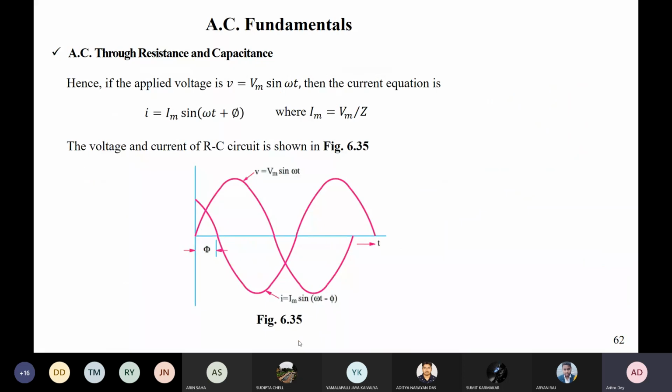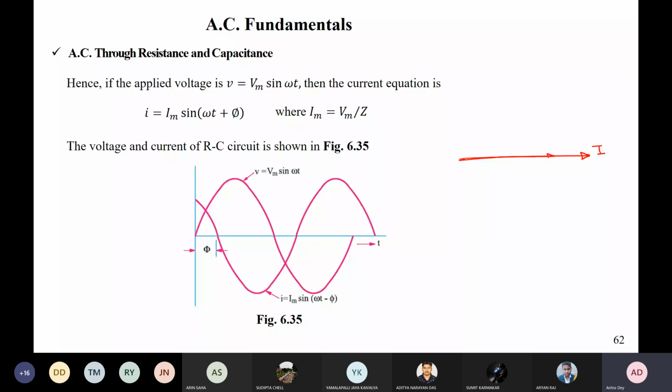So if you want to draw it now, if we take V as our reference phasor, then of course the series current through the circuit will be leading by the angle phi, which is the power factor angle of this circuit. Earlier, how we have drawn, this was your current through the circuit, series current.